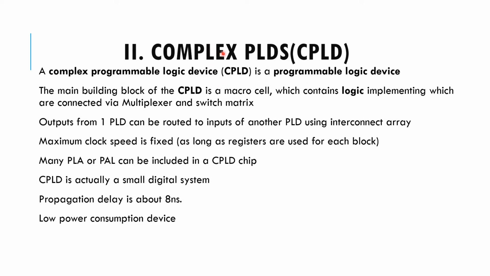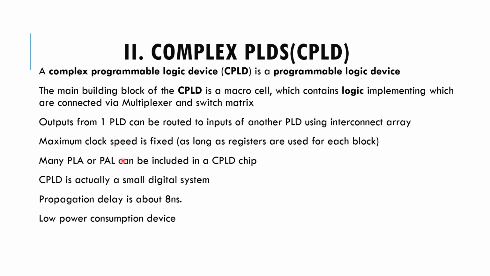What are complex PLDs? So a complex programmable logic device, CPLD, is a programmable logic device. The main building block of CPLD is a macro cell which contains logic implementing blocks, which are connected via multiplexer and switch matrix. The outputs from one PLD can be routed to inputs of another PLD using an interconnected array.